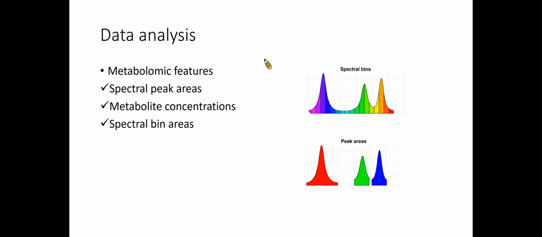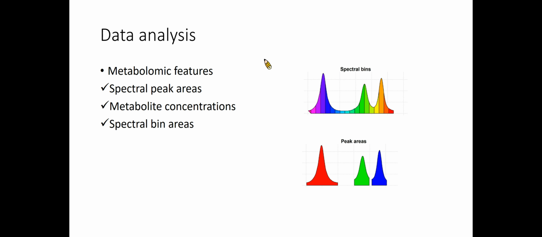After applying the adequate preprocessing methods, metabolomics data is usually reduced to a feature quantification matrix. In this data representation, rows correspond to the samples and columns correspond to the different metabolomic features. Each metabolomic feature is intrinsically related to the concentration of a particular metabolite.